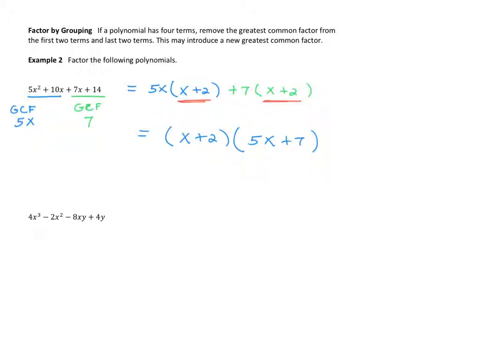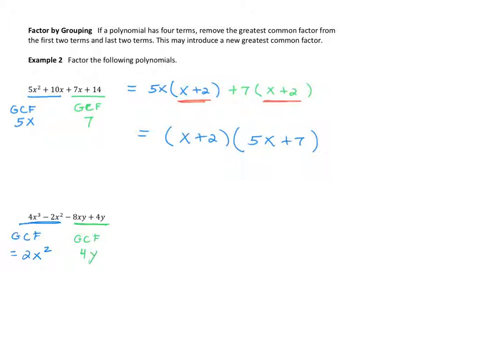Now we have two variables. Same idea. I want to take out the greatest common factor from the first two terms and the last two terms. Let's see what happens. The greatest common factor for the first two terms is 2x squared, and the greatest common factor for the last two terms is going to be 4y.